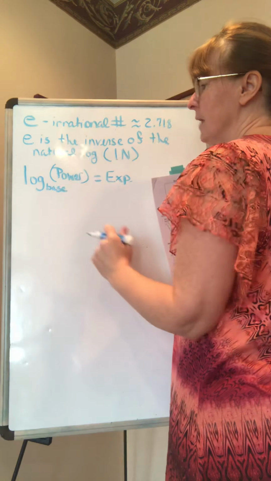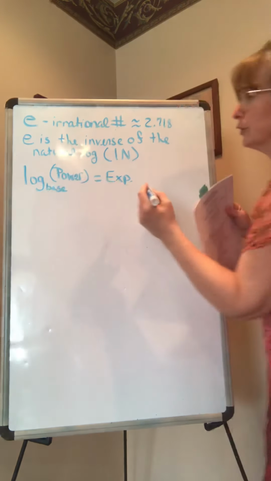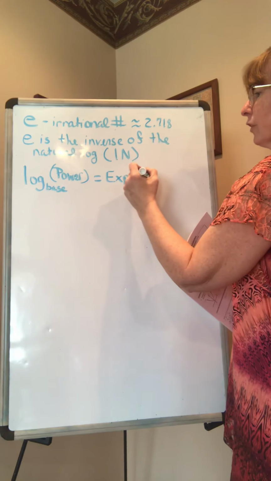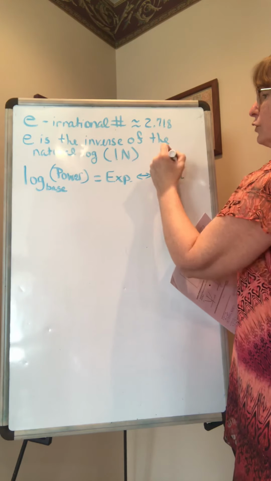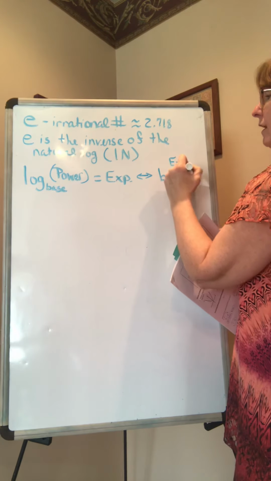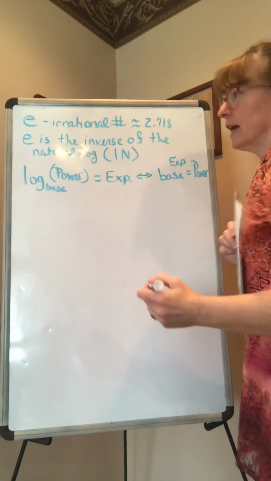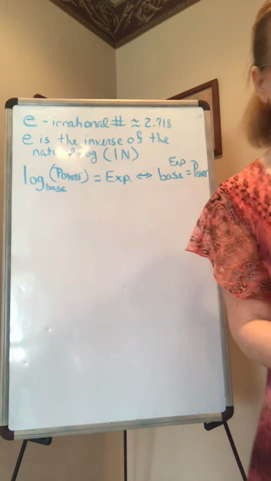Remember, we flip. And if I go from log form into exponent form, these are the same. This would be the base to the exponent equals the power. This isn't going to change when we deal with natural logs, and let me show you why.